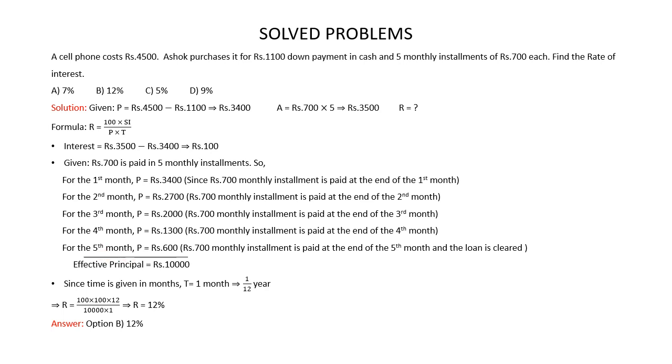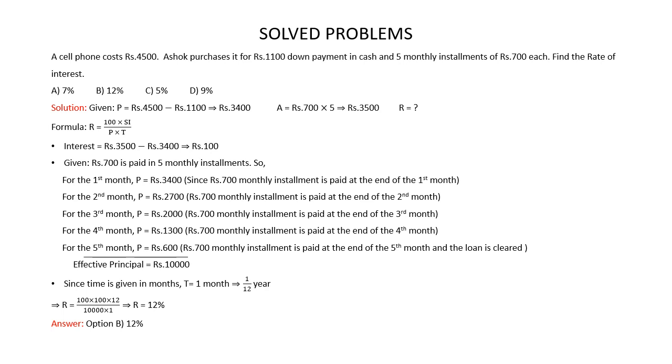So the principal for the fifth month would be 1,300 minus 700, which is rupees 600. Now at the end of the fifth month, the final payment of rupees 700 is made and the loan is cleared. Now the effective principal here is 3,400 plus 2,700 plus 2,000 plus 1,300 plus 600, which is rupees 10,000. So the effective principal is rupees 10,000.